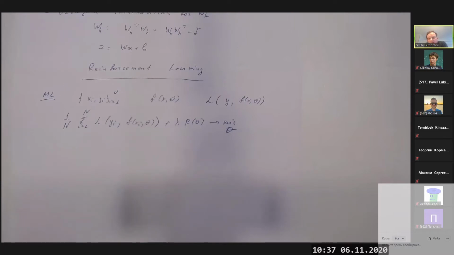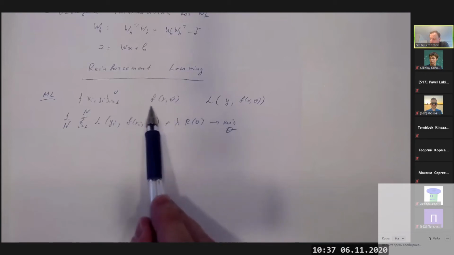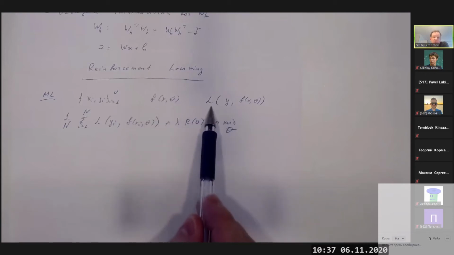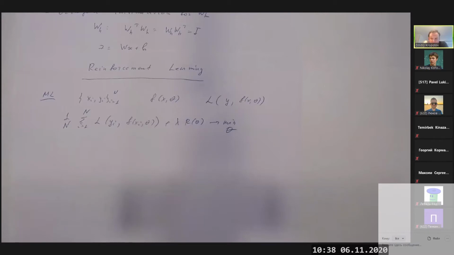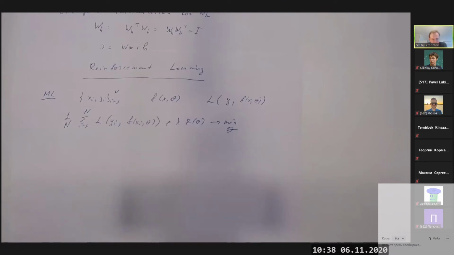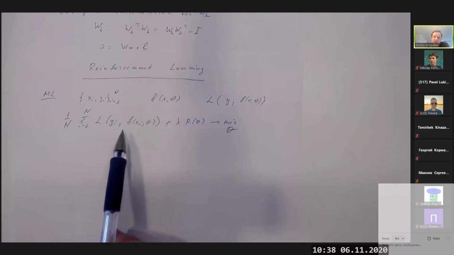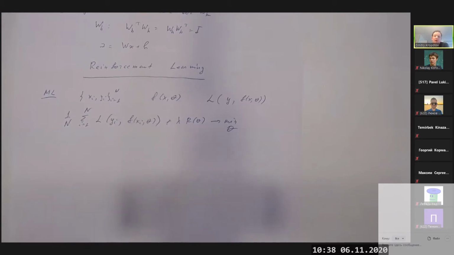Here we suppose, for efficiency of learning, that our score function f and our loss function L are smooth functions, so we are able to calculate the gradients of our L with respect to theta, usually using automatic differentiation, and then apply some kind of stochastic gradient-based optimizer for solving this optimization problem.